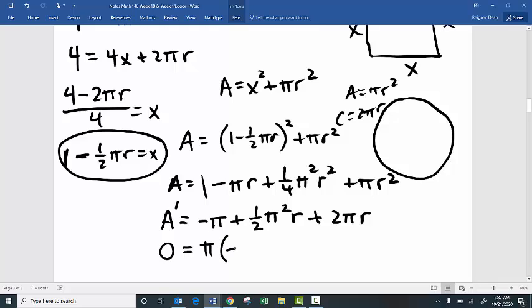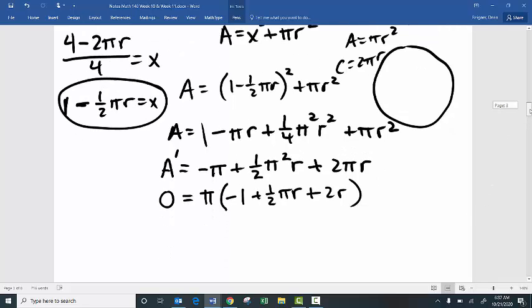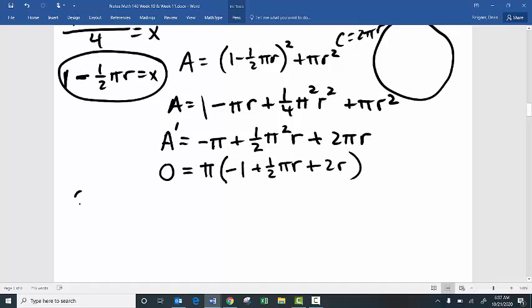So when you do that, you get negative 1 plus 1/2 pi r. And then factor a pi out here, you get 2r. Okay? So now when you set this equal to 0, this is a number like, 0 equals pi. You're not going to get any solution for that one.